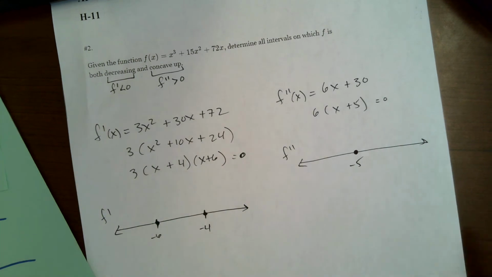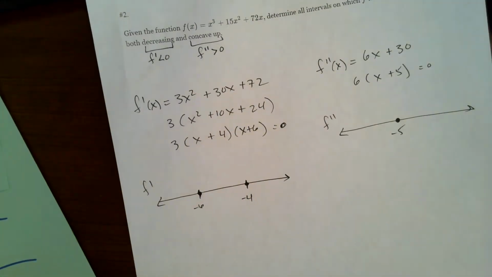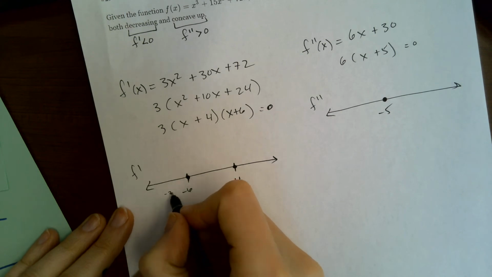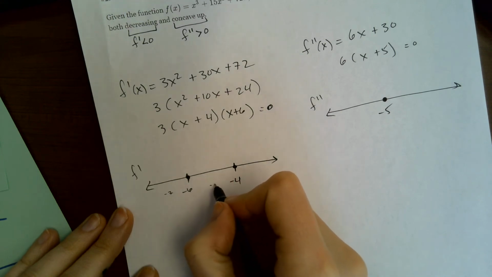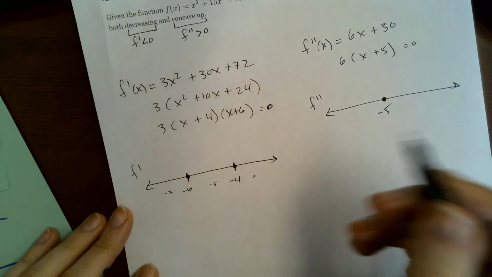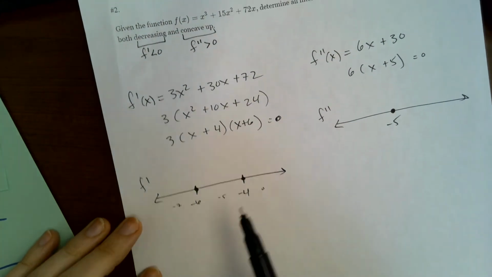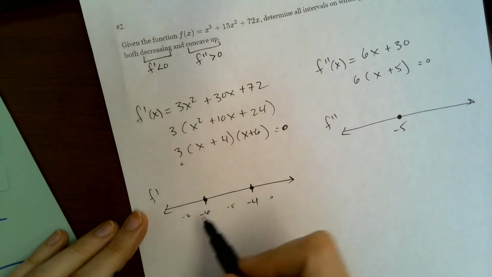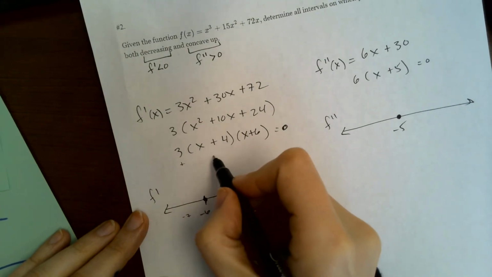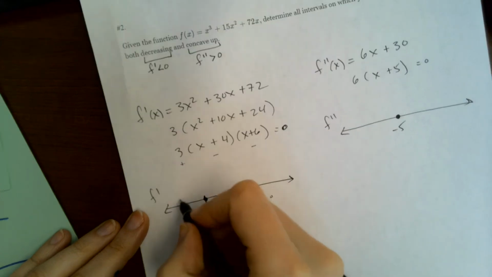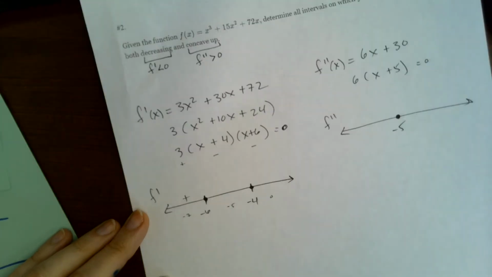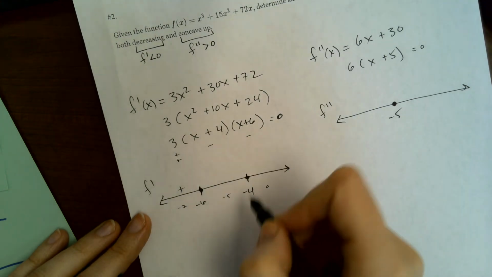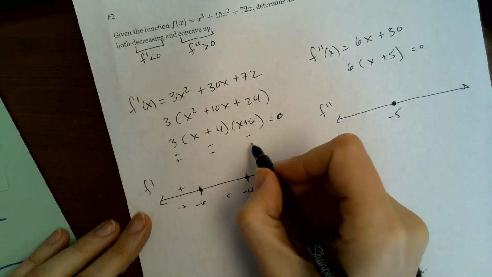Okay. So let's do sign tests on f prime. So a number over here would be like -7, -5, 0. If you plug -7 in up here, 3 is a positive number always. And then this would be negative, and then that would be negative. So this whole interval is positive. -5: 3 is always positive, negative, positive.